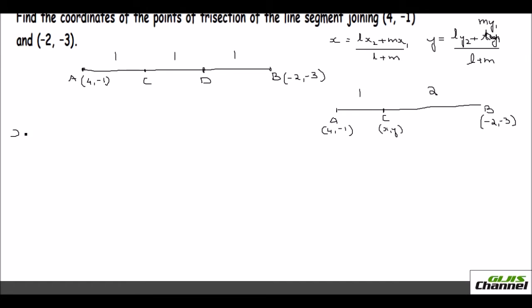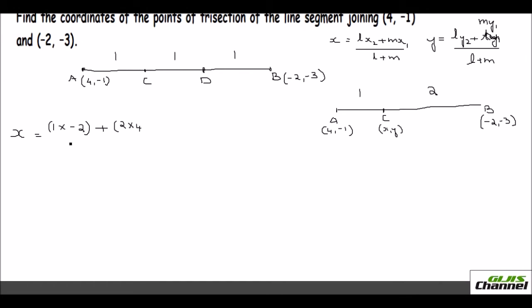So my x would be equal to l. l is 1, times x2, which is -2, plus m, which is 2, times 4.